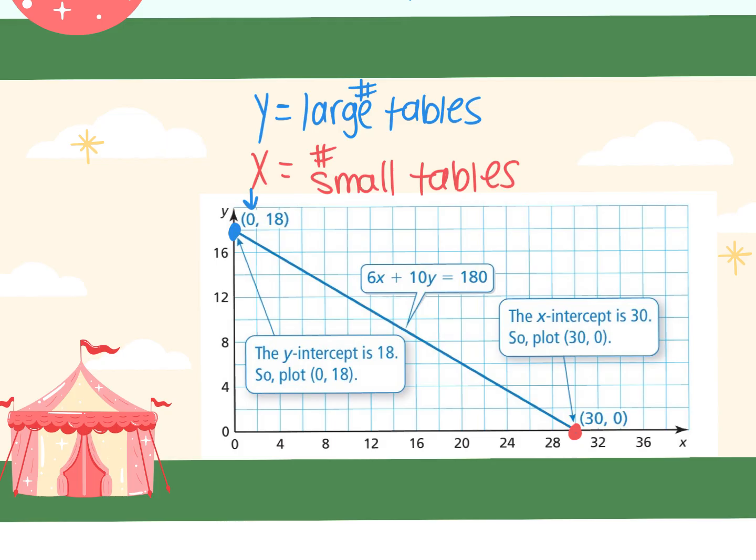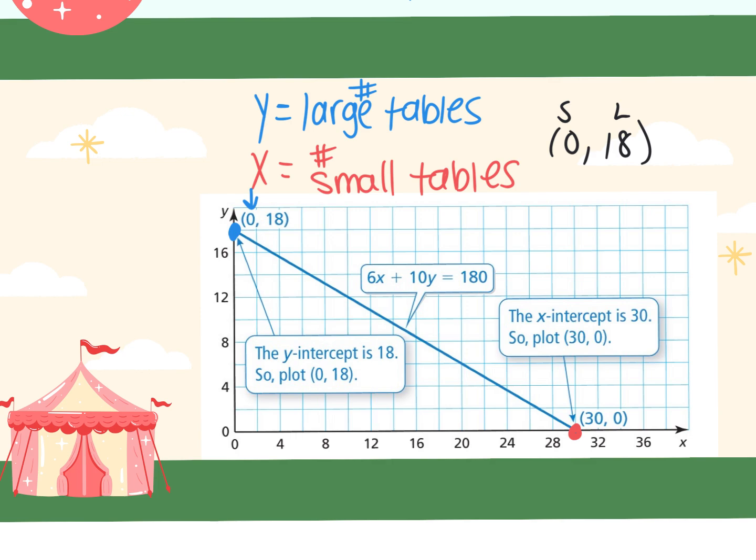So if I have an ordered pair 0, 18, and we know that the x is the small tables and the y is the large tables, what is this telling me? If you have 18 large tables, how many small tables would you need? 0. You would need 0 small tables. 0, 18 means if you got 0 small tables, you would need 18 large tables to fit 180 people.